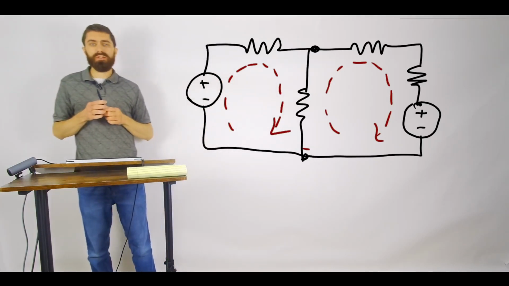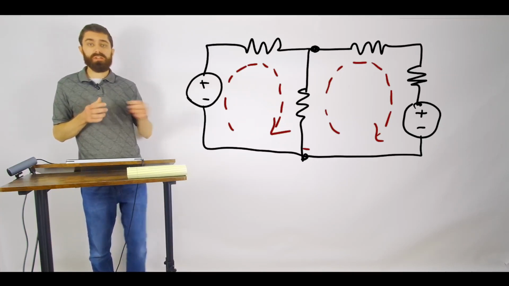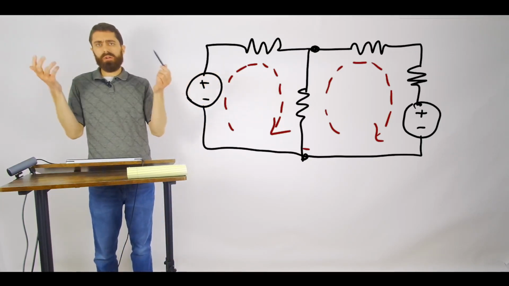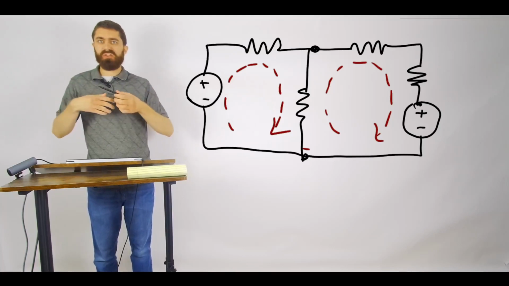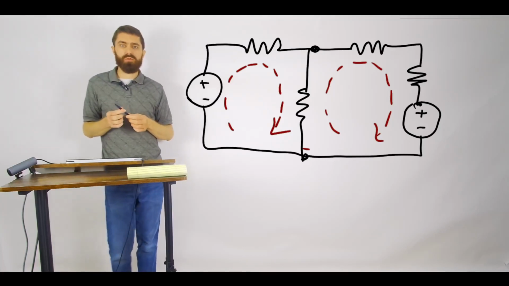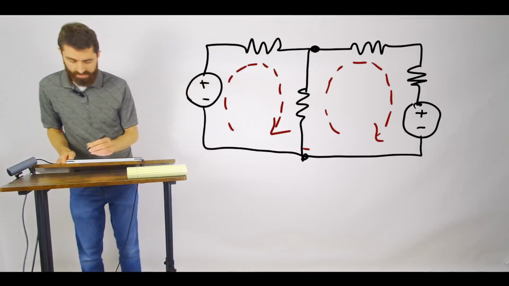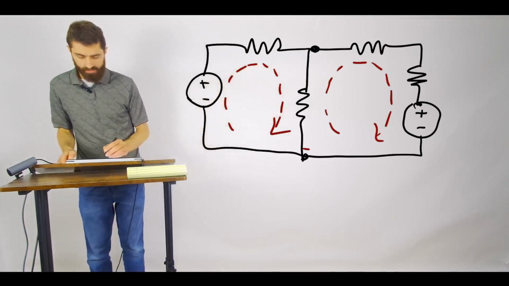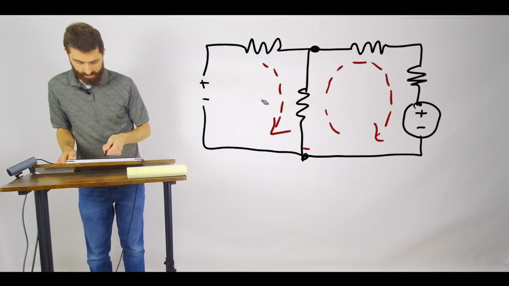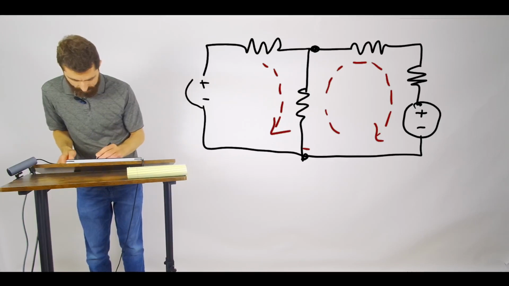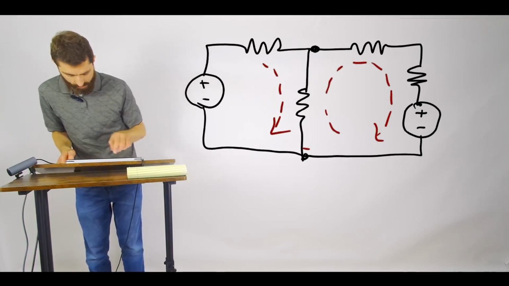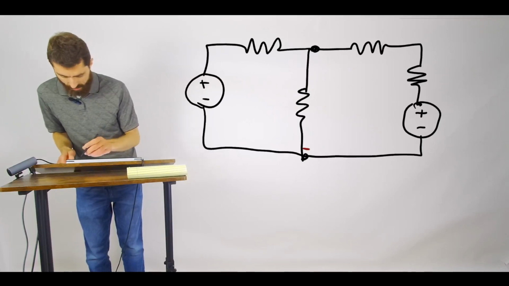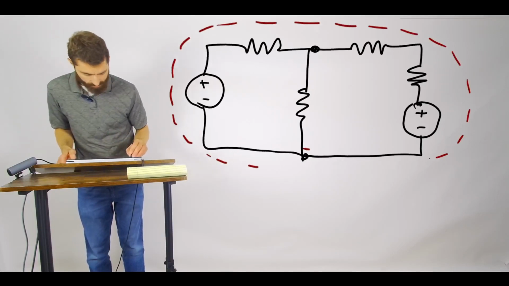Now, the other cool thing about it is that you can assign, just like in the currents, when we were solving for currents in Kirchhoff's current law, you can give the current a direction and apply the equation, and if it comes out negative, then that's okay, you just guessed wrong. In the same way, say you wanted to apply KVL to the larger loop here, this one going all the way around.